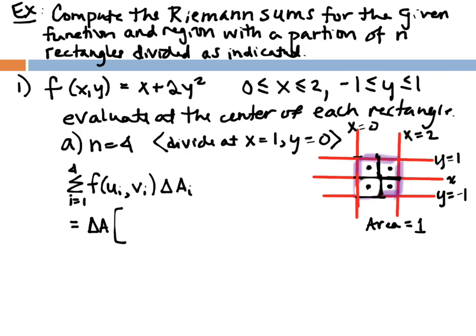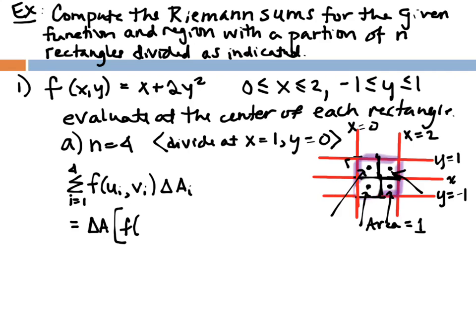Tell me one of them. I'm still struggling. How's the area 1? Yes, for each of the individual squares, the area is 1. So the area here is 1, here is 1, here is 1, and here is 1. Isn't the height 1? The height goes from y equal -1 to 0, and then 0 up to 1.